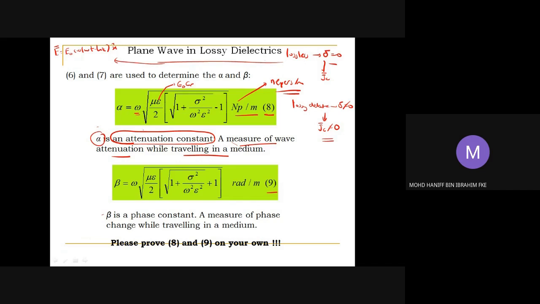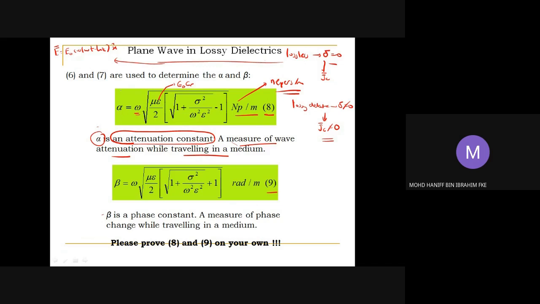So alpha will determine how much loss will occur in a wave propagating in this particular lossy dielectric. You are going to see that there should be no more nice wave equation like this. After this, you will see the difference in the wave equation once we have alpha in the medium.